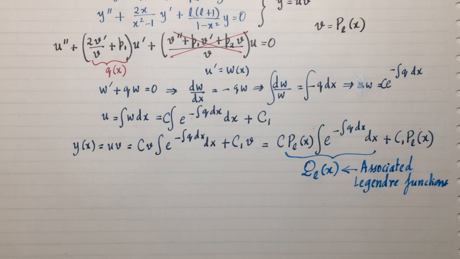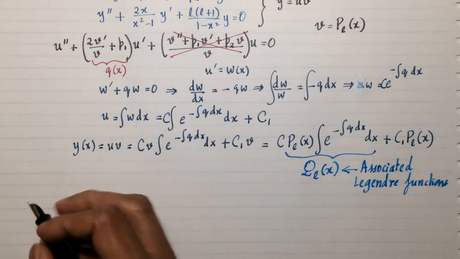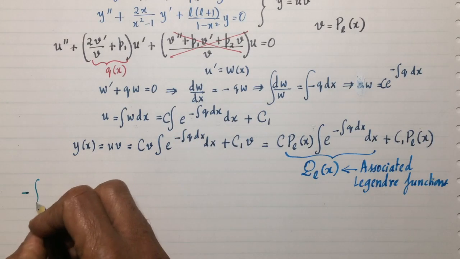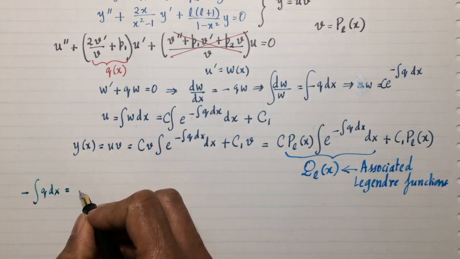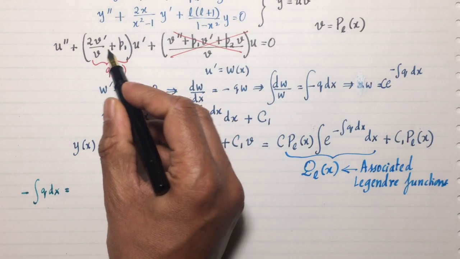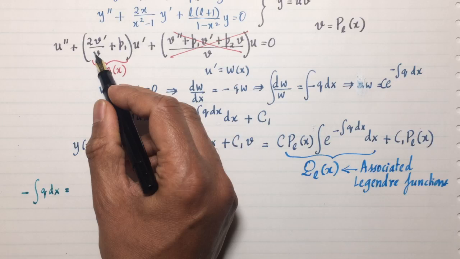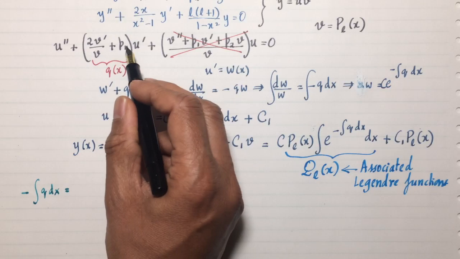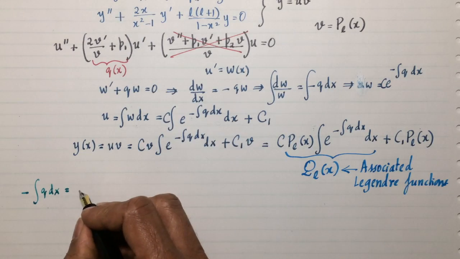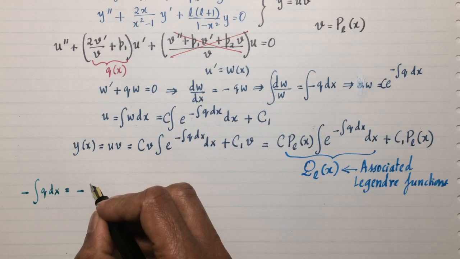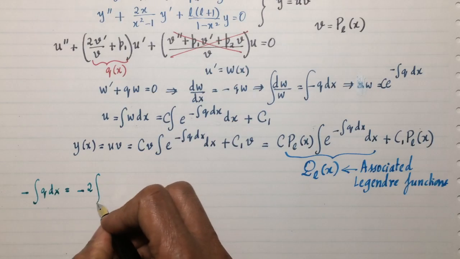So I'll just do this, negative integral q dx first. Well, if you notice what q is, it is 2v prime over v plus p1. Okay, so that's going to be negative 2 times the integral of v prime.